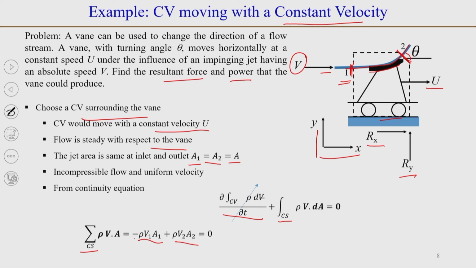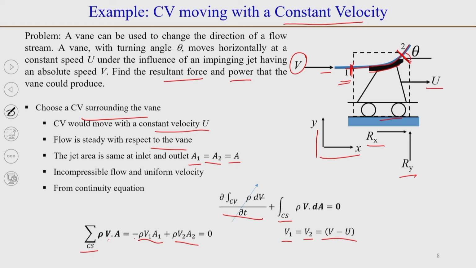Now, we need to substitute the values of v 1 and v 2 and a 1 and a 2. A 1 and a 2 are the same, so v 1 is equal to v 2, which will be equal to v minus u.